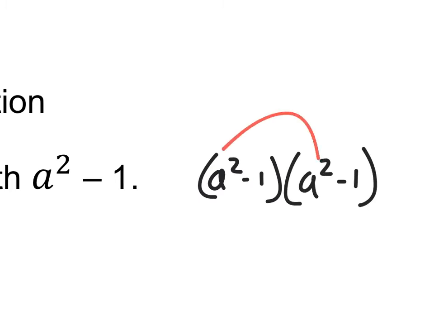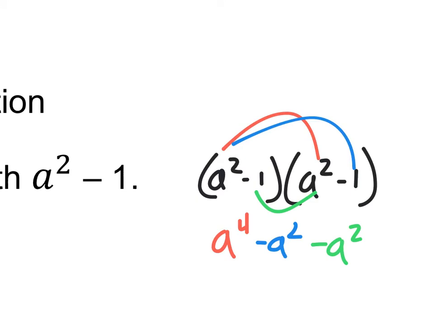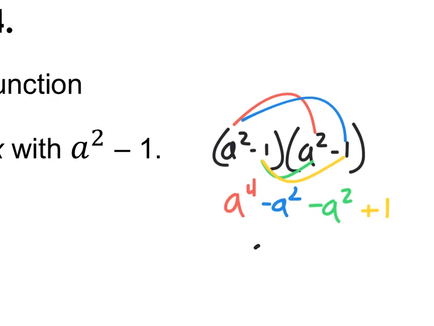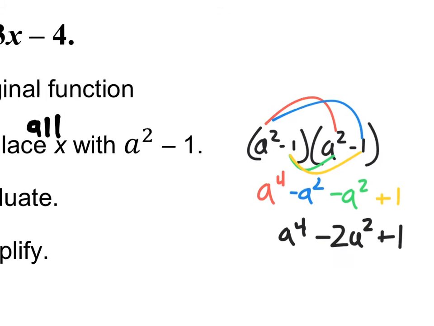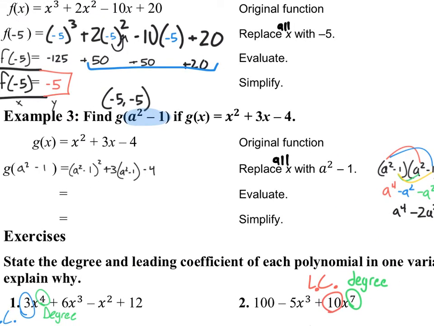And when we do that, we'll get an a to the 4th, a minus a squared, another minus a squared, and a plus 1. And when I combine those like terms in the middle, we have 2, then they're negative, a squareds plus 1. So that's what I need to carry back over, because that's what a squared minus 1 squared is equal to. So I'm going to take that over here.